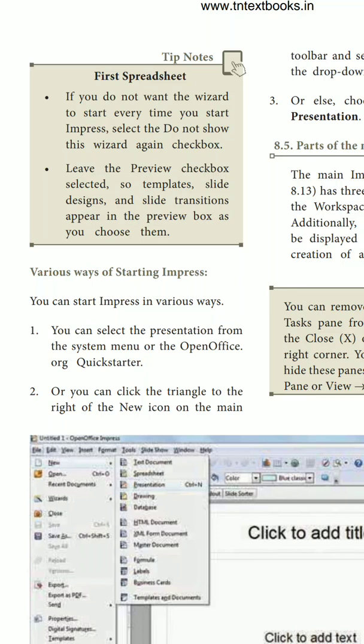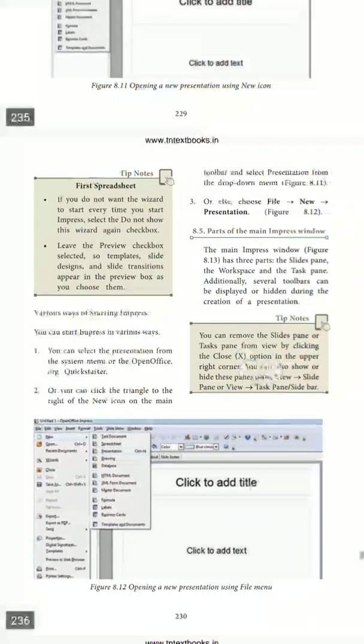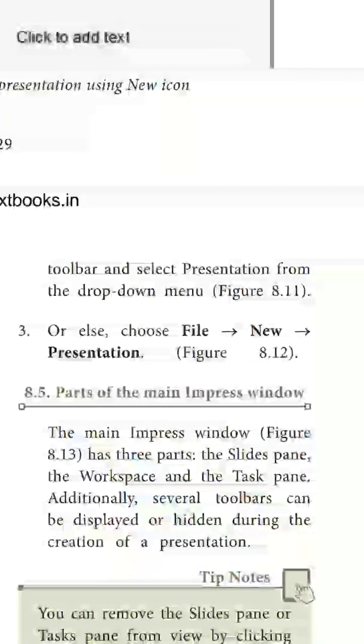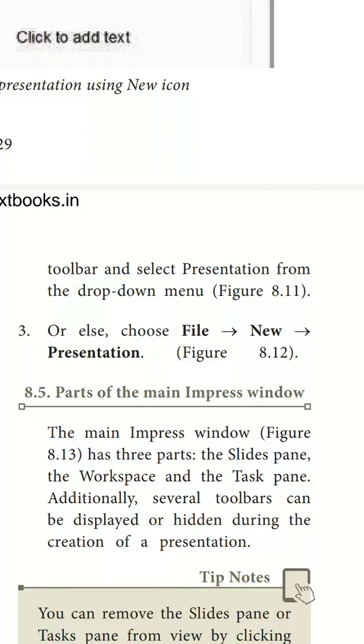Or you can click the triangle to the right of the new icon on the main menu or toolbar. Okay, by using the toolbar you can select presentation from the drop-down menus, which is in figure 8.11. Okay, so this is figure 8.11.